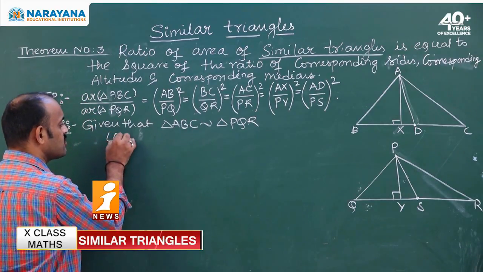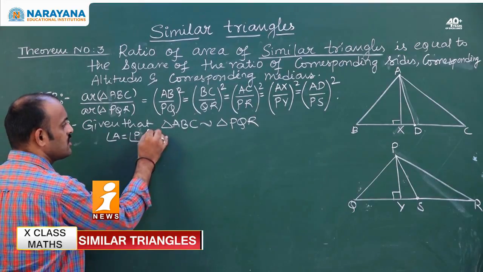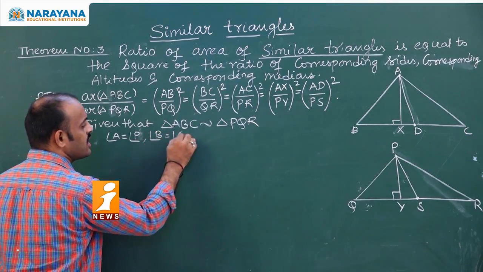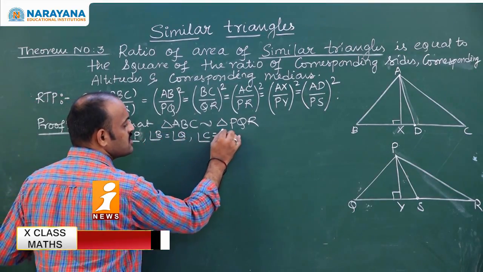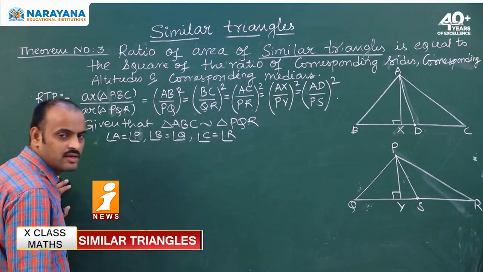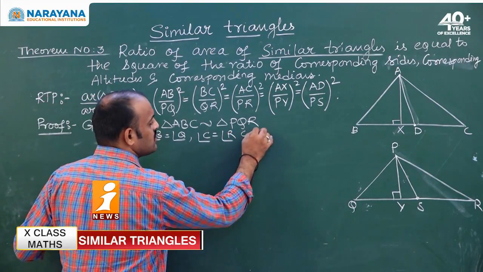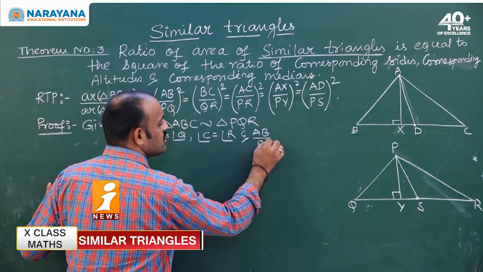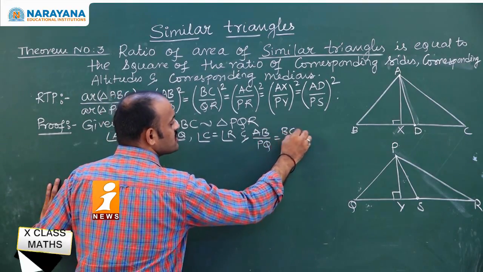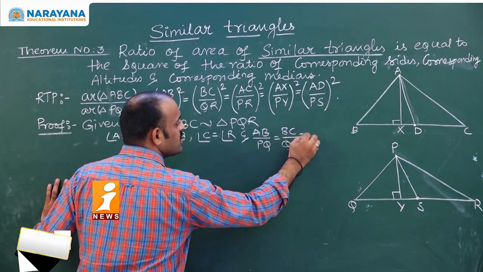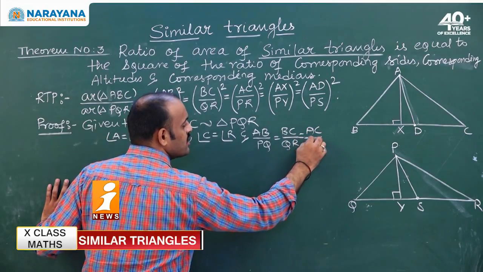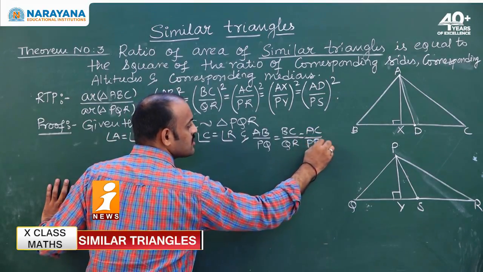Therefore, angle A equals angle P, angle B equals angle Q, angle C equals angle R, and AB by PQ equals BC by QR equals AC by PR.